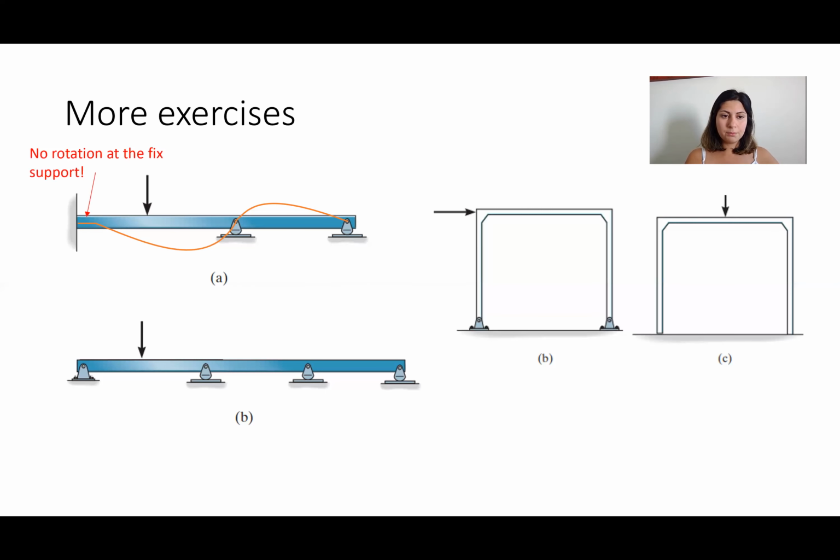For the second one, as you can see, we have a force here, it pushes it down. And then because it is a continuous beam, the slope has to keep going. And then it has to come back because of the support. And if you go smoothly down, you cannot break the line.